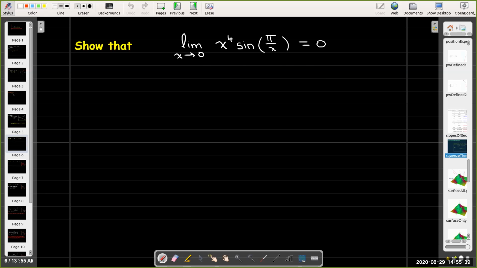If I just put 0 in for x, then x to the power of 4 is 0. Well, I can't do that. X is not in the domain of this function. I can't have pi over 0. That's not defined. In fact, then I couldn't even use the limit laws because the limit as x approaches 0 of sine of pi over x does not exist.